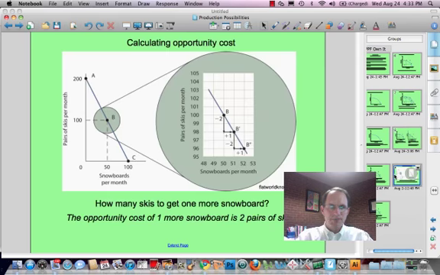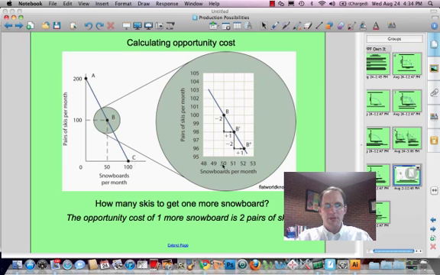As a quick recap in terms of calculating opportunity cost, here's a good example that I found on a website called flatknowledge.com. How many skis to get 1 more snowboard? Along this axis, pairs of skis, and snowboards per month. So how many skis to get 1 more snowboard?